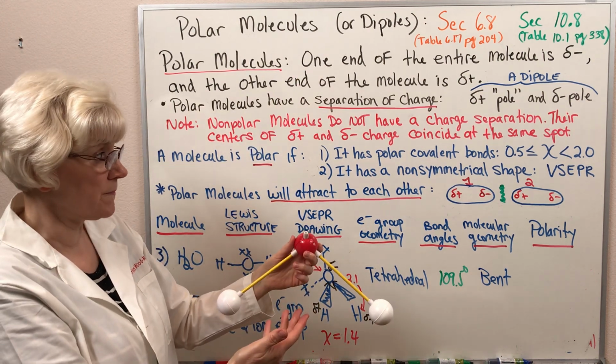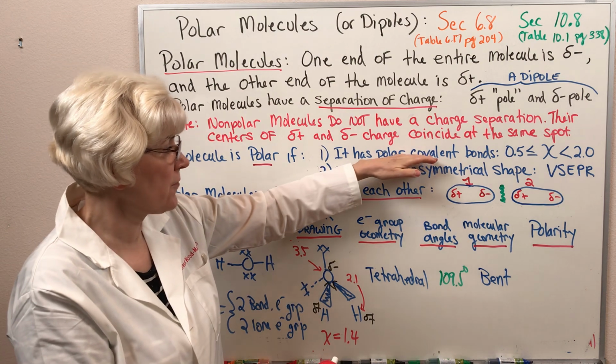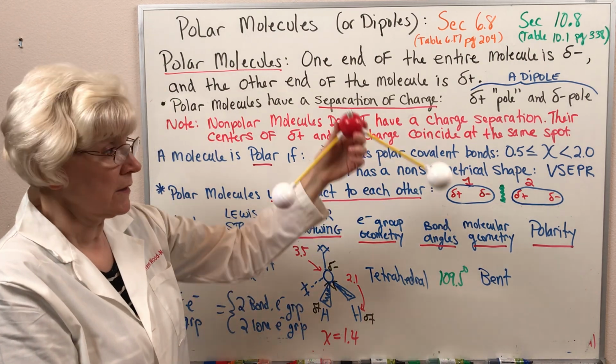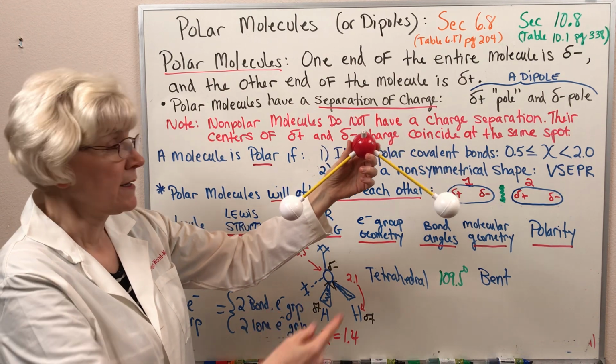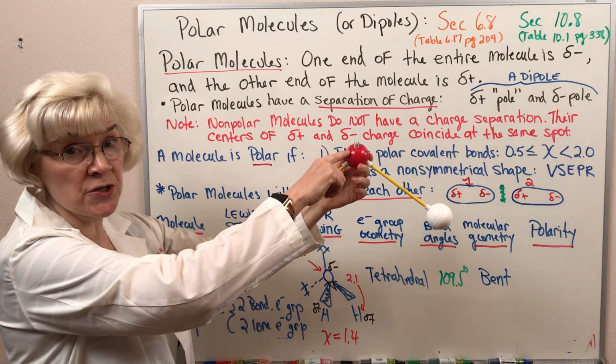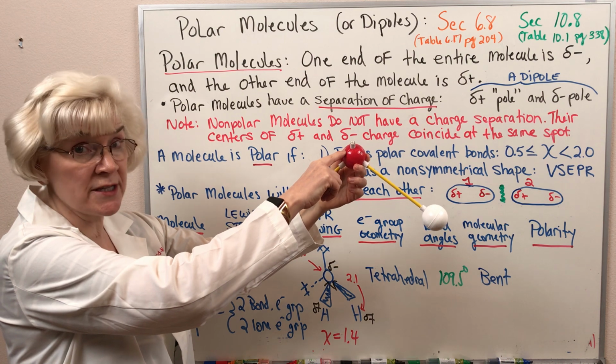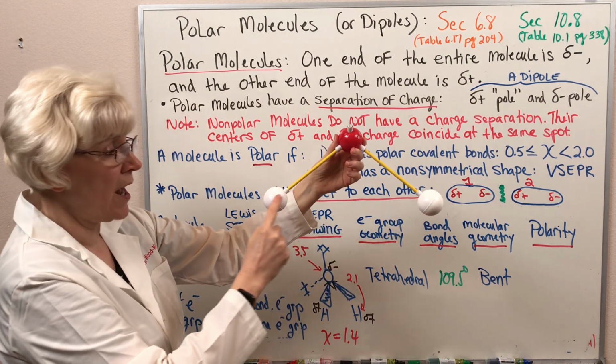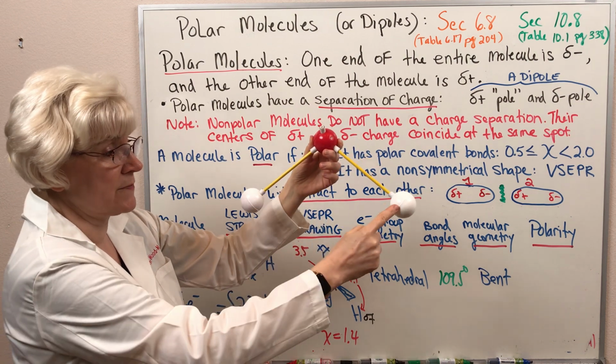Is it a dipole? So it has polar covalent bonds. What's the situation with its shape? Well, its shape is bent. That means the center of partial negative charge is on the oxygen. We have partial positive charge on each of the hydrogen atoms.